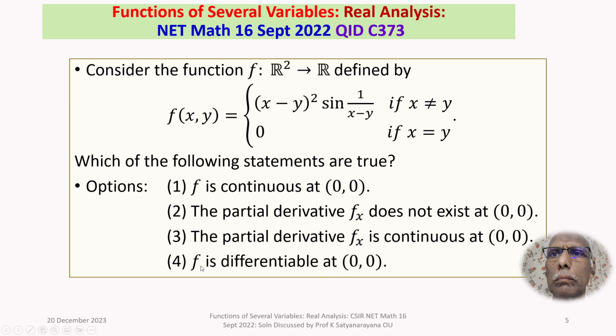Option 4, f is differentiable at (0, 0). We are given a function f from R square to R defined like this. We have to discuss which of the following statements are true.